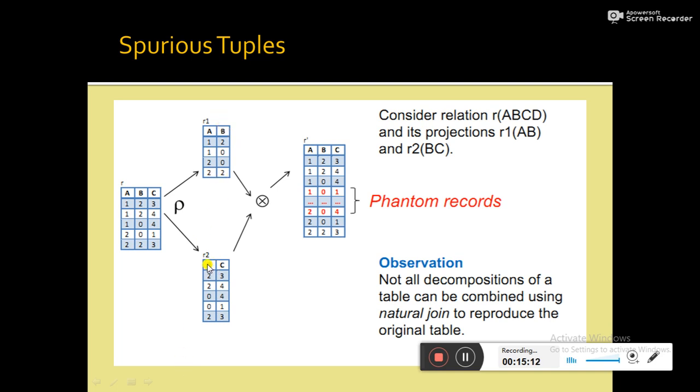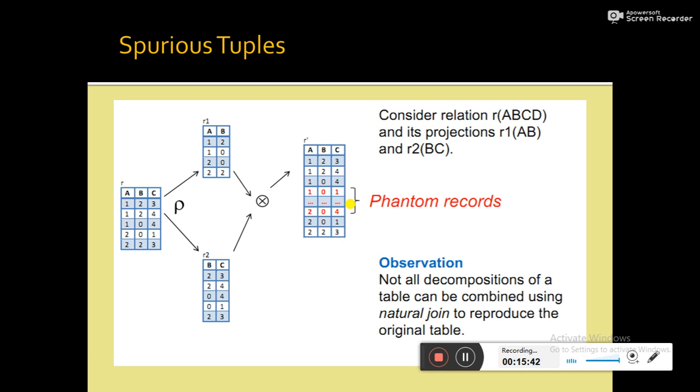If B was a primary key of any one of the relations, or B is a foreign key in any one of the relations R1 R2, then we will be able to get back the original relation. But here B is neither a primary key nor a foreign key in any one of the relations R1 R2. That is why it violates guideline 4. That is why it produces a relation with an extra set of records, and this extra set of records is known as spurious tuple.